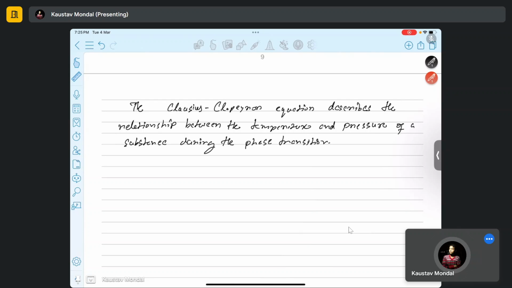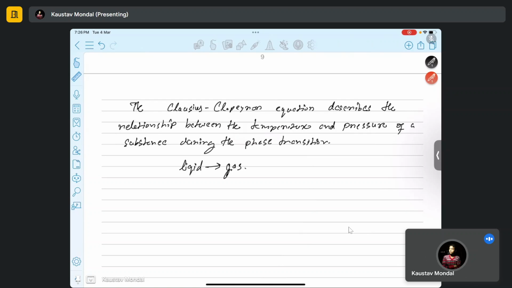Let's suppose liquid is transforming to gas. In that case, the normal temperature required to get liquid to a gas, for water, is 100 degrees centigrade, right?